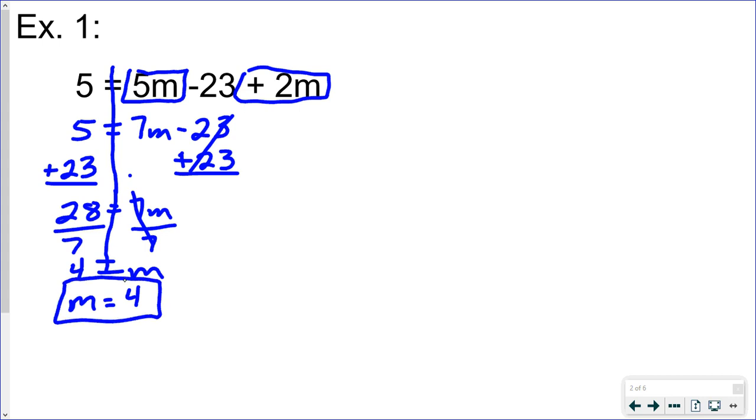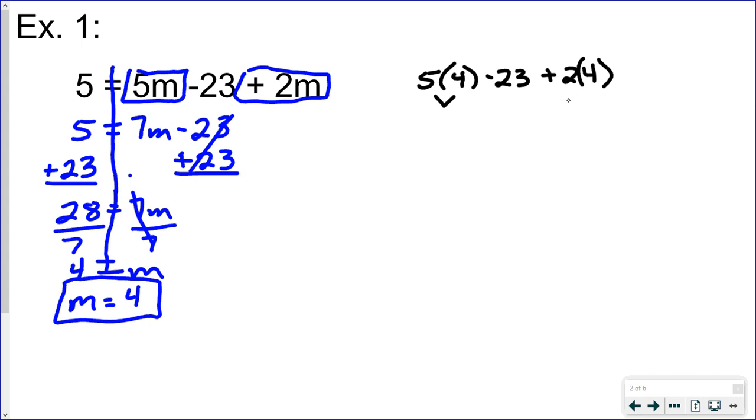And remember, you can always go back and check your work when you're solving equations. So I can see is 5 times 4, because I said m is 4, minus 23 plus 2 times 4 equal to 5. So you can do 5 times 4 minus 23 plus 2 times 4.